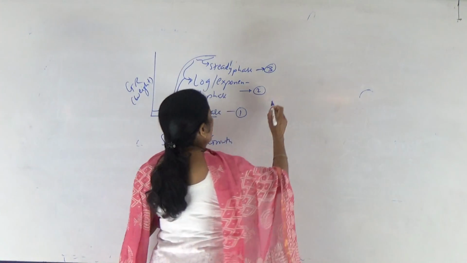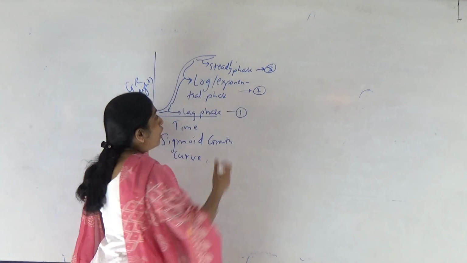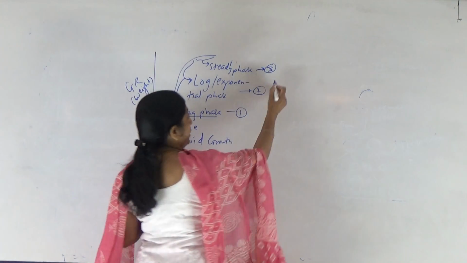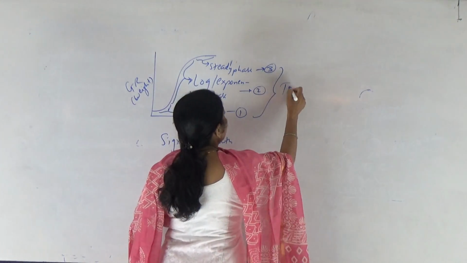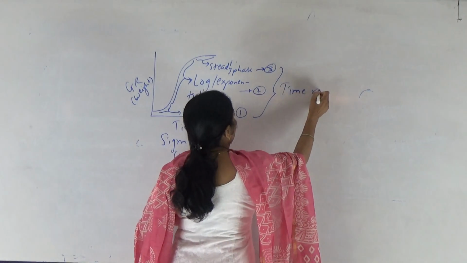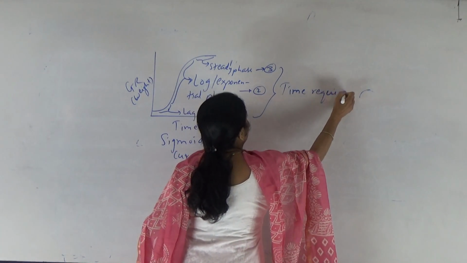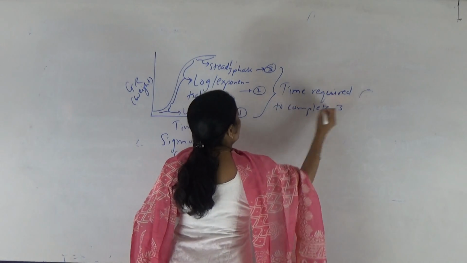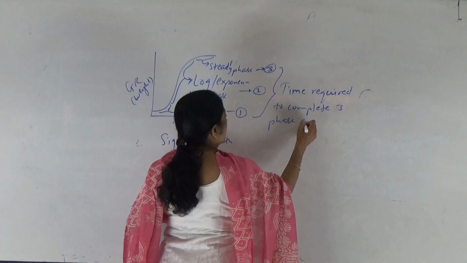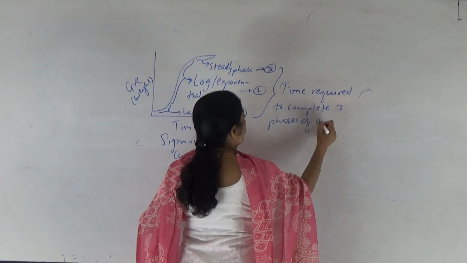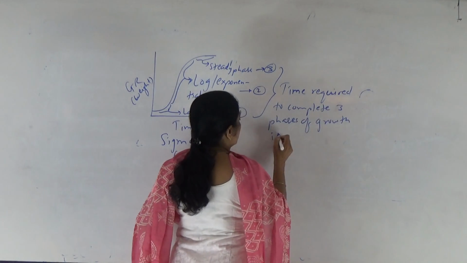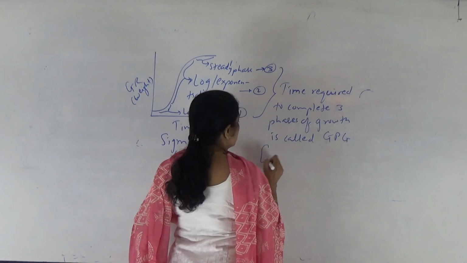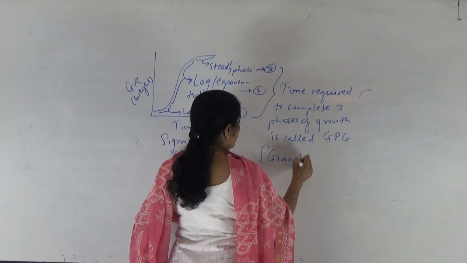Okay. Now, the time required to complete all these three phases of growth is known as grand period of growth, right? So, time required to complete three phases of growth is called GPG, that is grand period of growth.